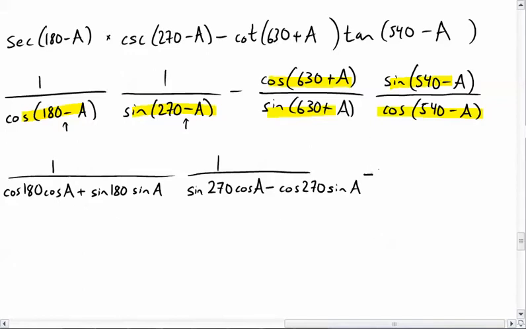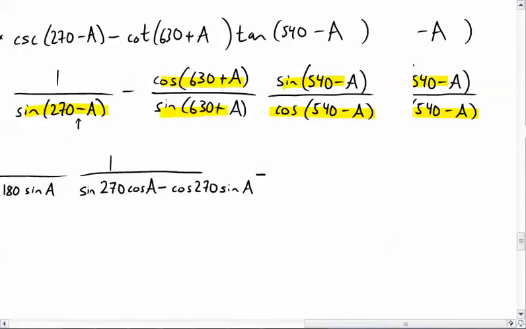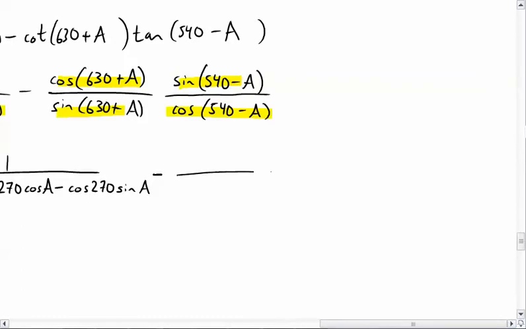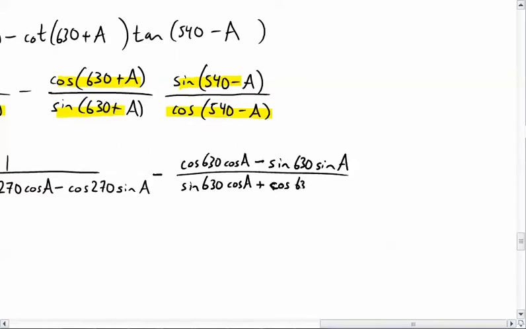Minus, oh boy, cosine is cos, change the sign, minus sine sine, whereas sine is sine cos, don't change the sign, plus cos sine.